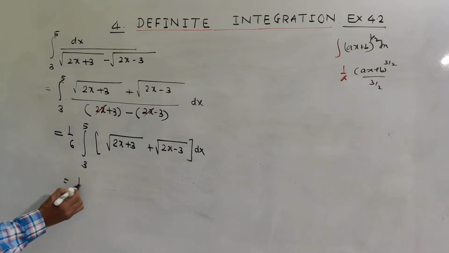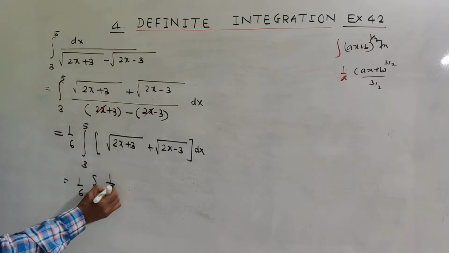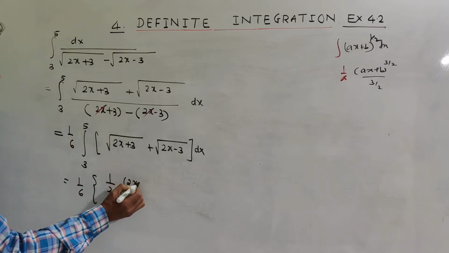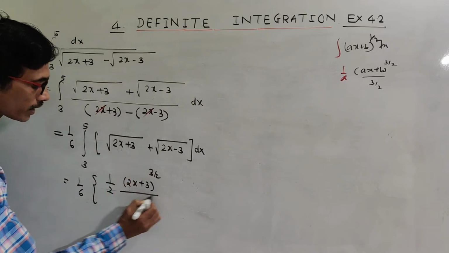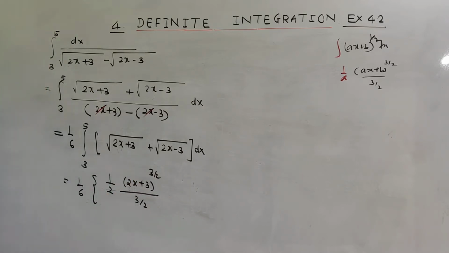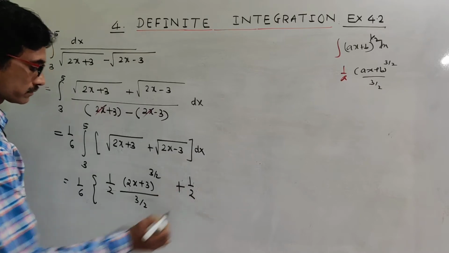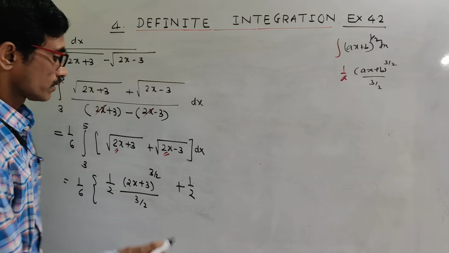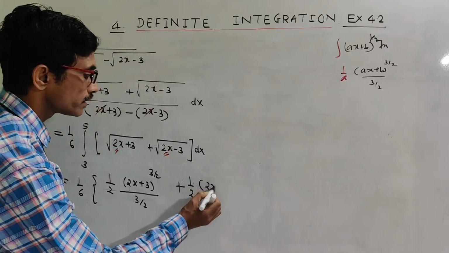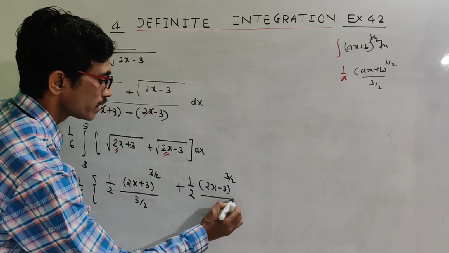So we use this formula here. 1 upon 6 is there. Integral of this is 1 by 2, (2x plus 3) raised to power 3 by 2 upon 3 by 2, plus 1 upon 2 again, since the coefficient of x is 2, and (2x minus 3) raised to power 3 by 2 upon 3 by 2.